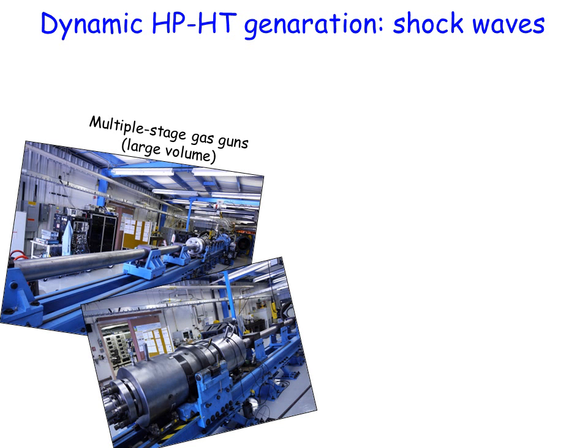So let's consider now the dynamic generation of high pressure and high temperature. This is done through shock waves. There are two main ways of producing shock waves. One is using guns, multiple stage gas guns, in which the gas is accelerated in large tubes, and in the sample chamber this gas arrives and generates a very high shock pressure on the sample.